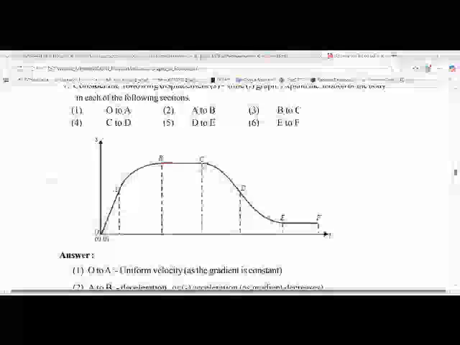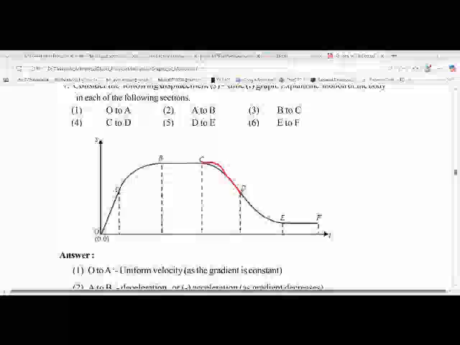It is rest. And in the next case, you can see the gradient is increasing. Then what type of motion? It is an acceleration. It is also moving towards the observation point or starting point, because the displacement is decreasing.